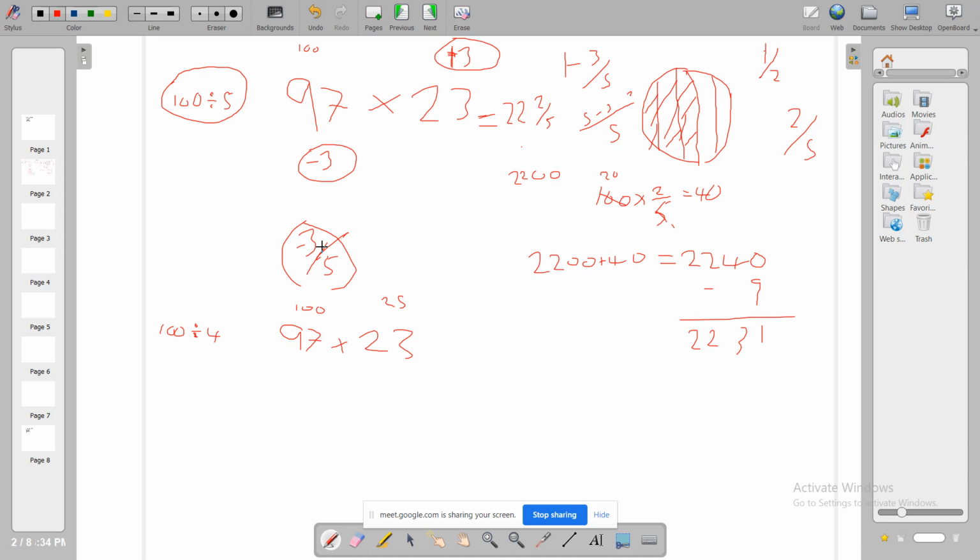So now here I'll write 3 minus 3. Here, this is 25, and 25 is more than 23. So will it go down or up? It will go down, right? So now we have minus 2.